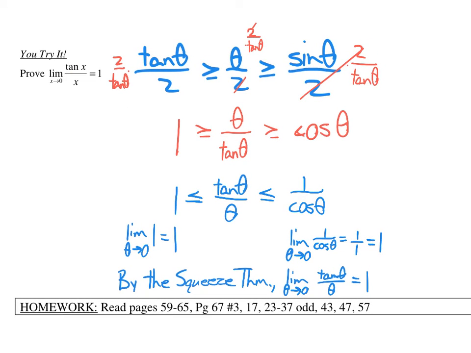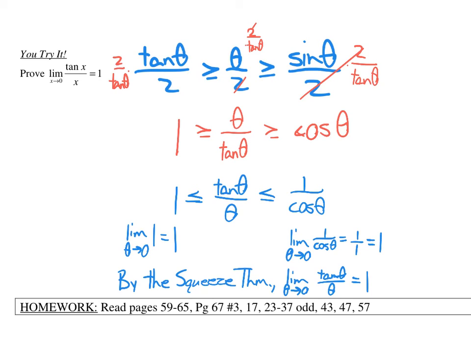So that's another one. It's not one of the two really common ones that you should memorize, but it's derived similarly to the sine one. So the limit as x approaches 0 of sine of x over x is 1. The limit as x approaches 0 of 1 minus cosine x over x equals 0.